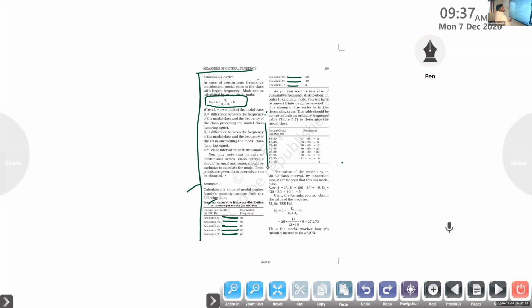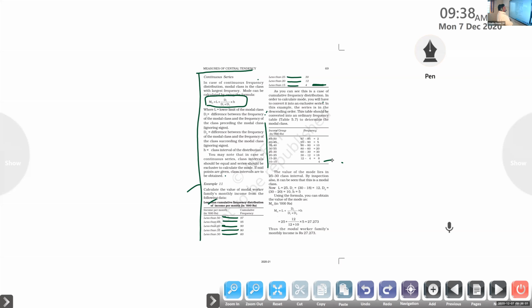So we know between 10 to 15, how many are receiving salary? Less than 15,000, 4 people are there. We took a class interval here, 10 to 15: 4 people. Next one, 15 to 20, more than 15 and less than 20.